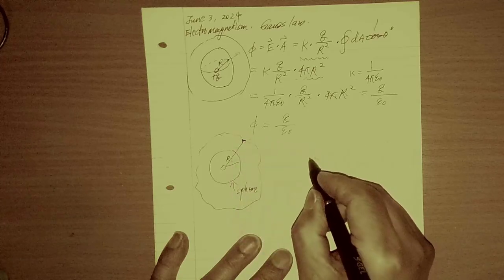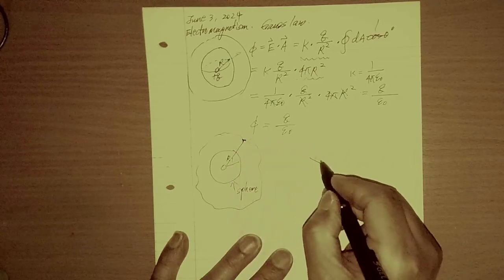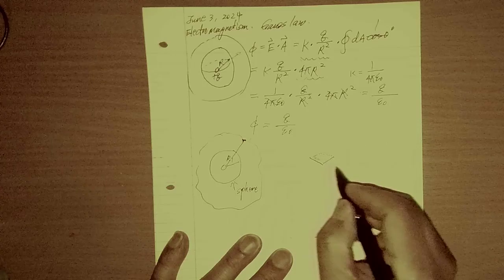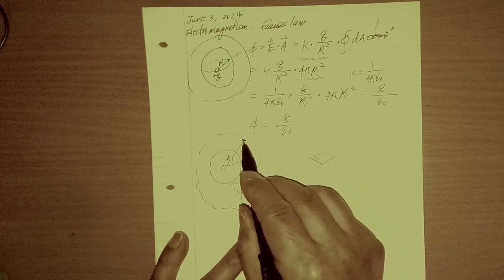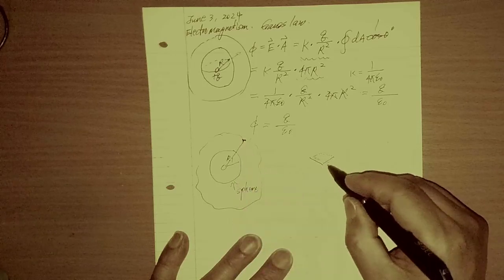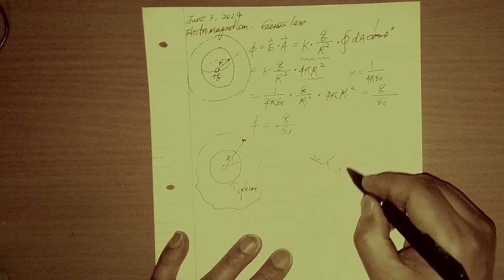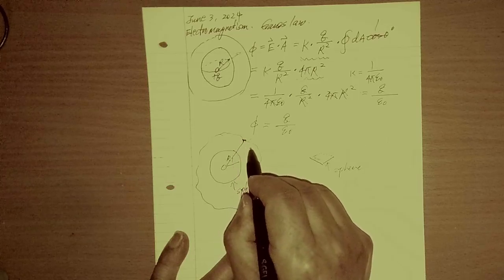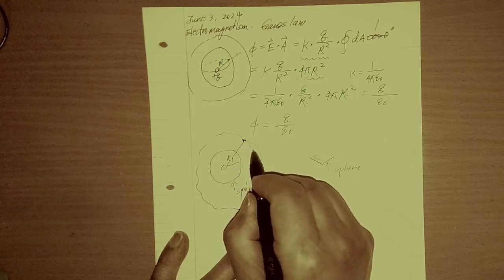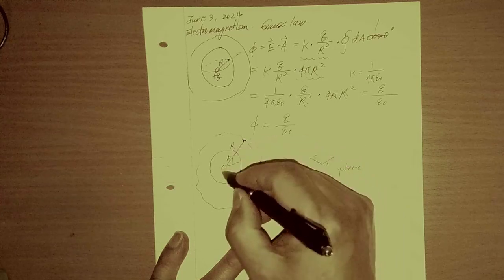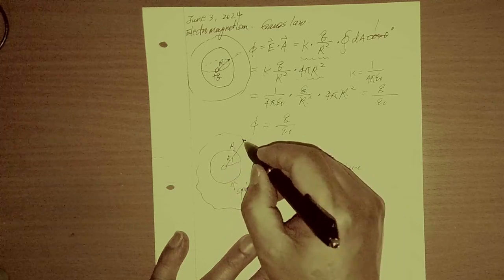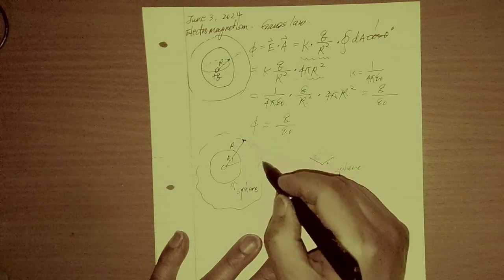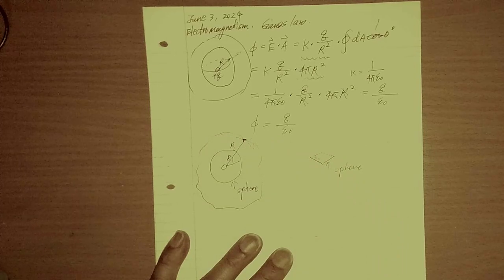Here, that is the area of a sphere. That means if I draw a sphere with the radius R2, which is from here to here, I can draw it at any point, different spheres, right?